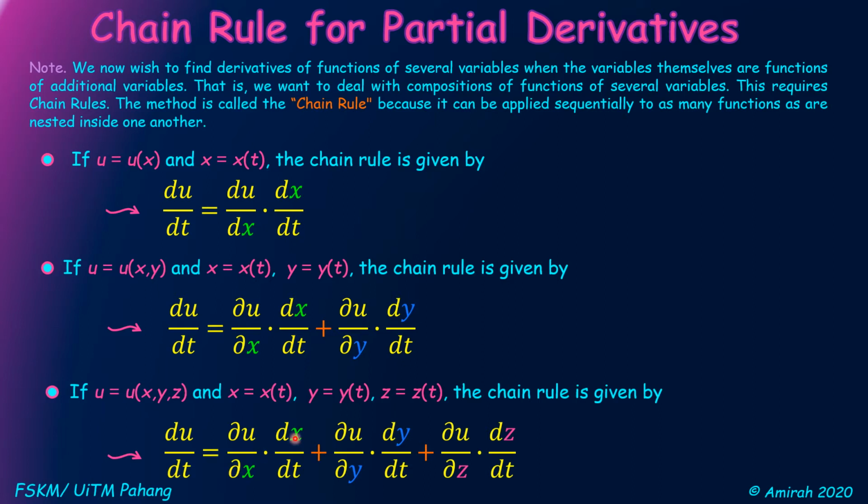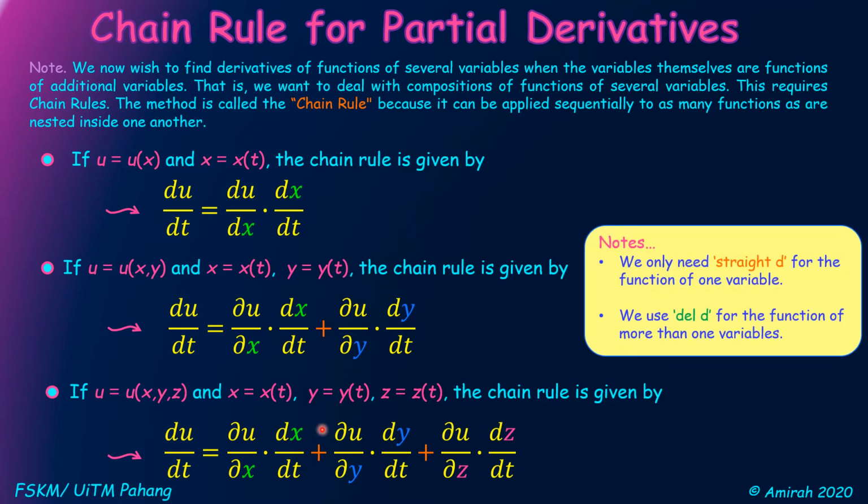We just imagine we can simplify dx here, dy here, and dz here. So we get back del u over dt, and then plus del u over dt plus del u over dt. Then we get back du over dt, right?